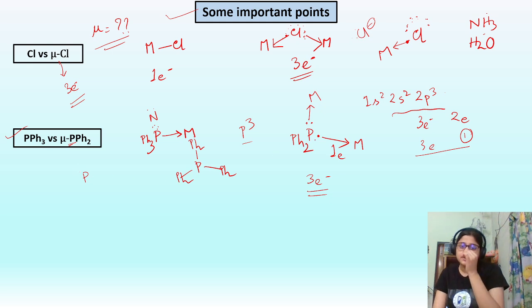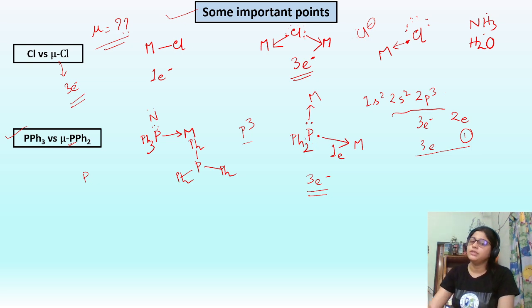Then you can understand that if any odd electrons are present, the first donation will be through that, and after that the lone pair can be involved if it has one. So the total electron contribution follows.